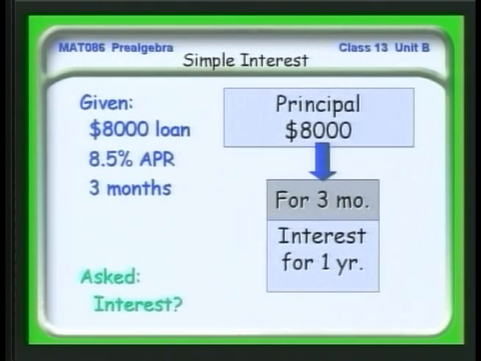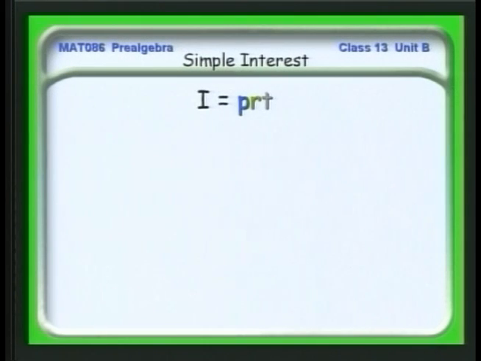That's what's asked. So we need to take the principal and look at the interest for 3 months where we are told what it is for a year. Let's start here. The interest is the principal times the rate times the time. That's the amount of the loan. There's the APR.